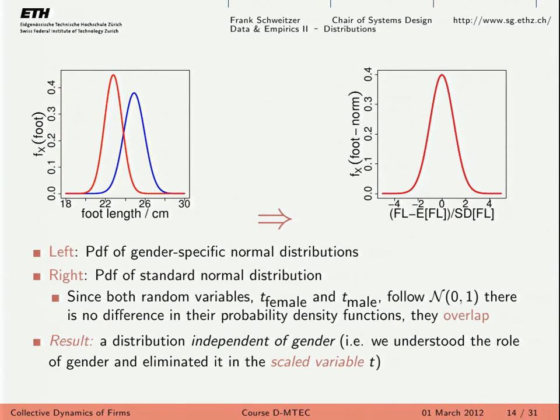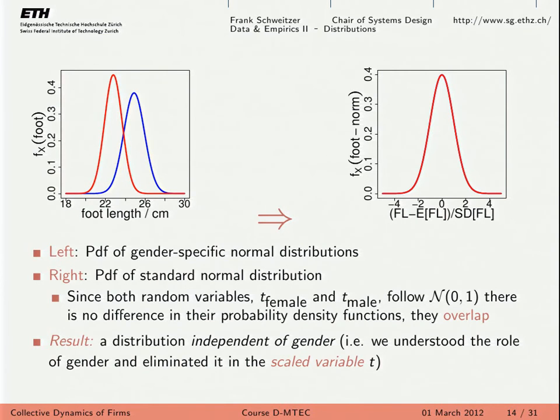Once I know what I have to write here, everything collapses in one curve, right? But then I can claim that I understood the problem because I found the common denominator of all of these, and I found the correct variable that describes all of these distributions. It's a very important point for you to make.